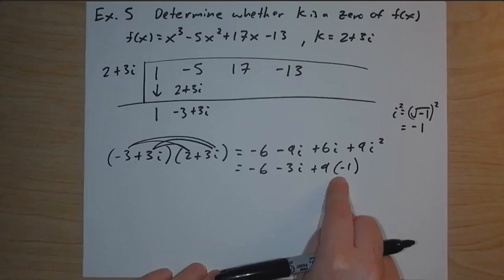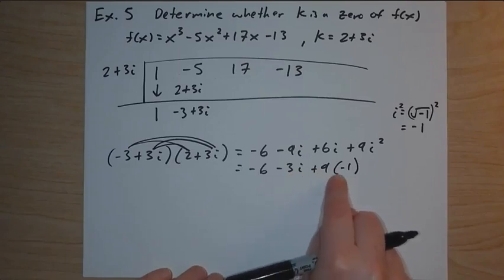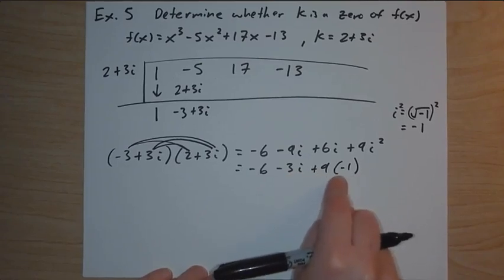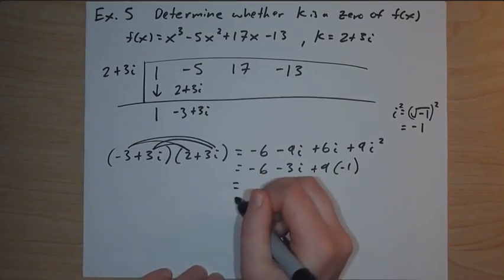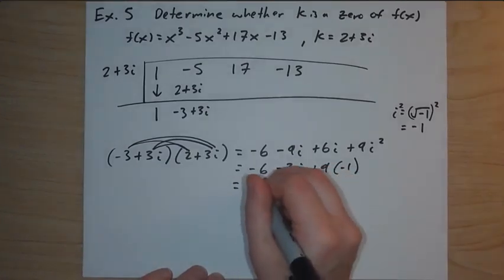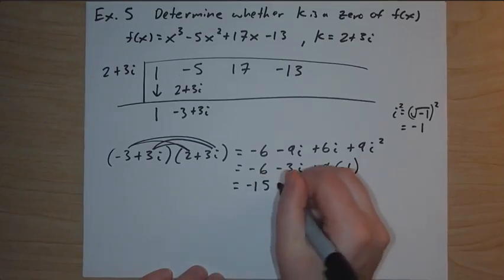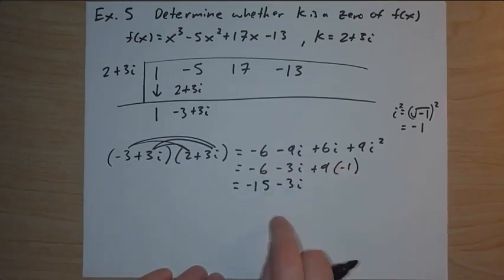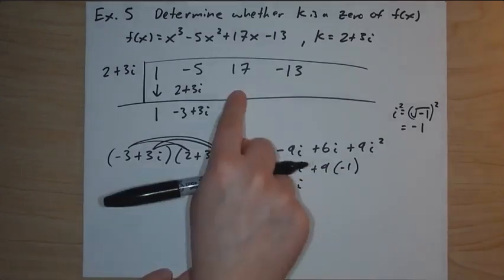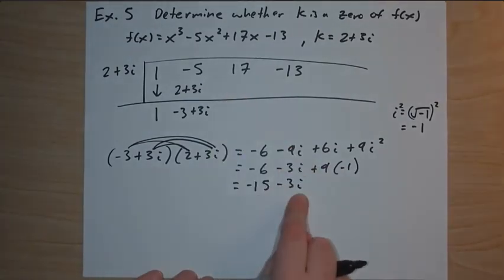So this is negative 6 minus 3i minus 9 essentially, which is going to give us negative 15 if we add these two numbers together, minus 3i. So we know that the number that goes here is negative 15 minus 3i.